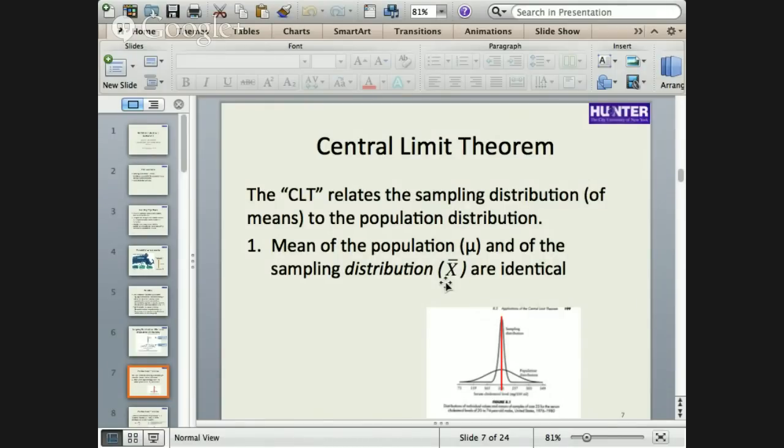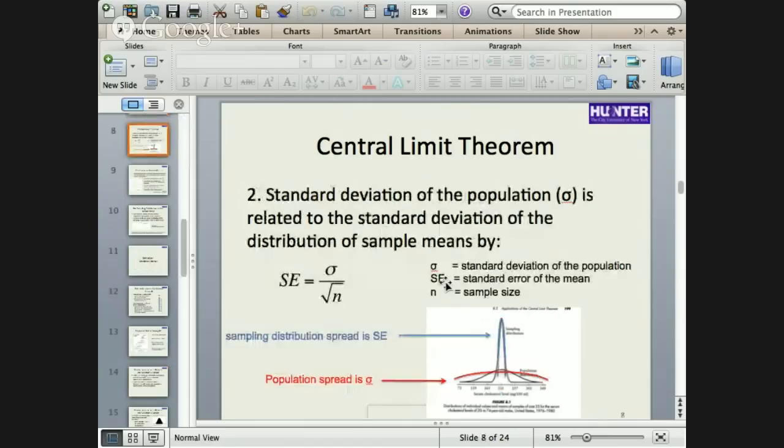Okay, that's the only thing that is necessarily the same. The variance is different, the shape of the distribution might be different, but the mean value is the same. So that will be critical for what we're doing today.